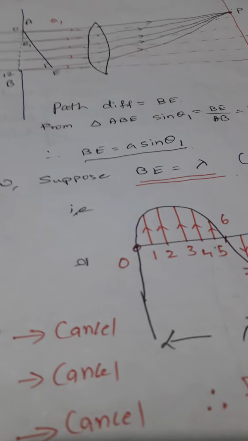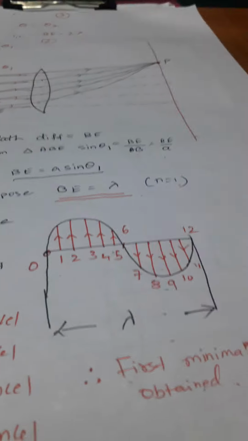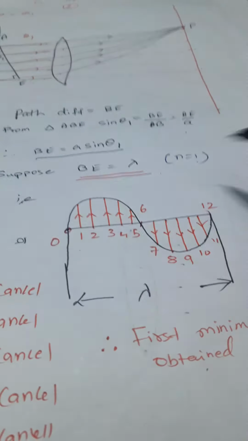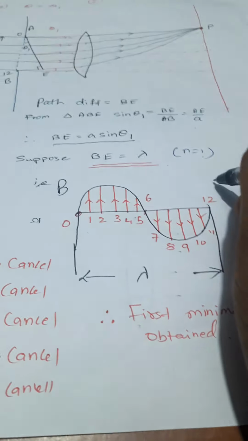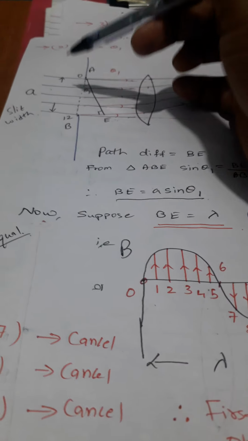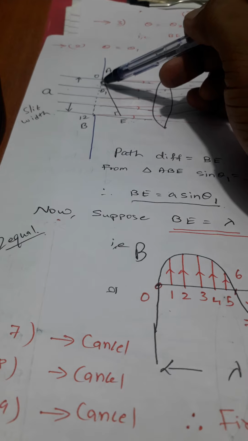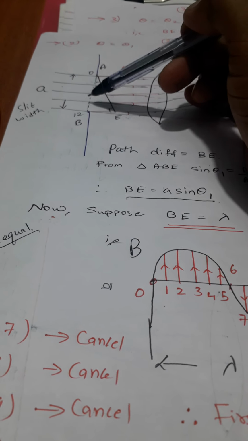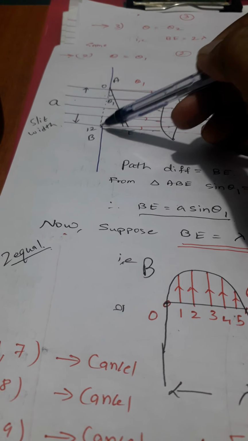Now we divide it into two equal parts. So this path difference is BE. Now suppose BE is lambda. The ray of light starts from here and when it comes over here, it forms one complete wave.